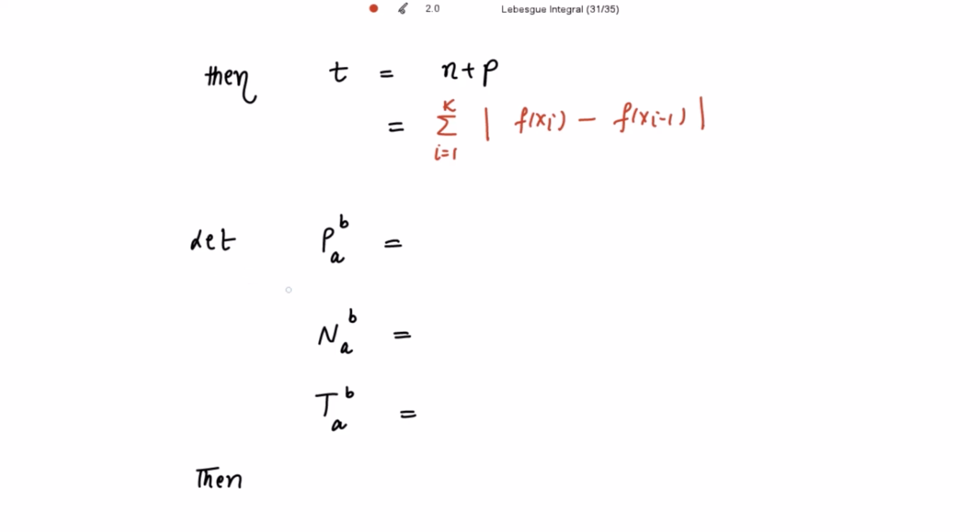Then we need to define P_ab, the positive variation over closed interval [a, b]. This is the supremum of small p, which is written as capital P. And the negative variation over [a, b] is the supremum of small n, which is written as capital N. And T_ab is the supremum of small t, which is written as capital T. Then it is obvious that N is less than or equal to T. The total variation is always greater than or equal to the negative variation and also the positive variation.